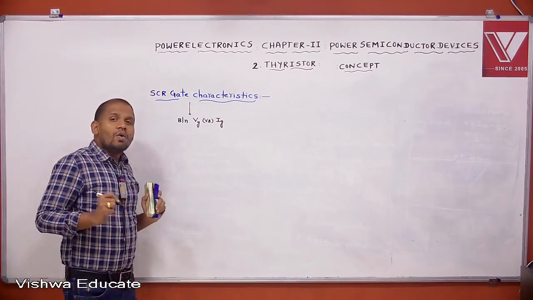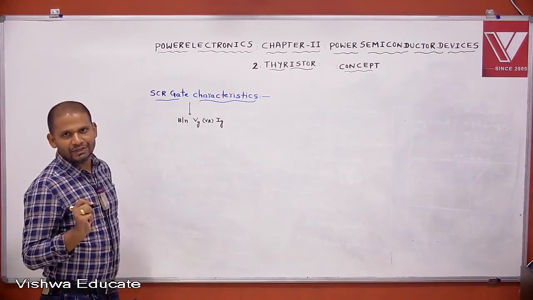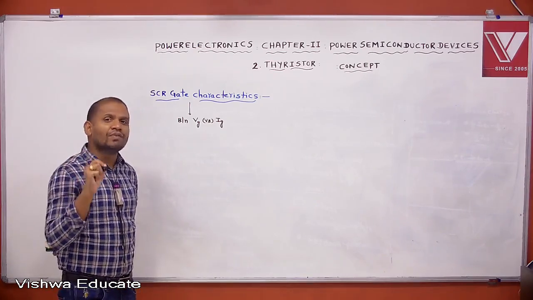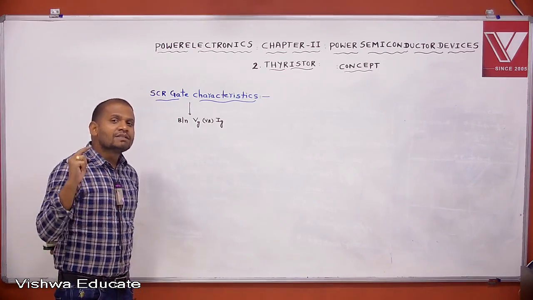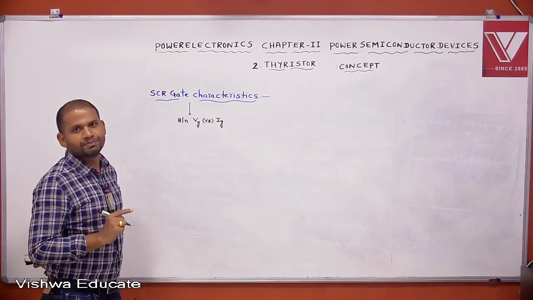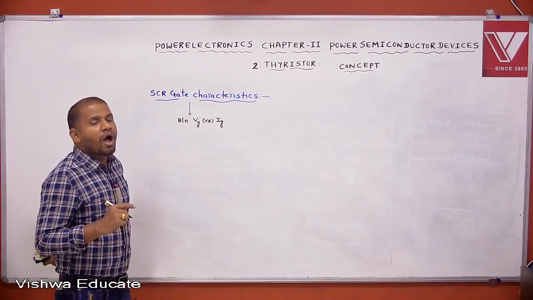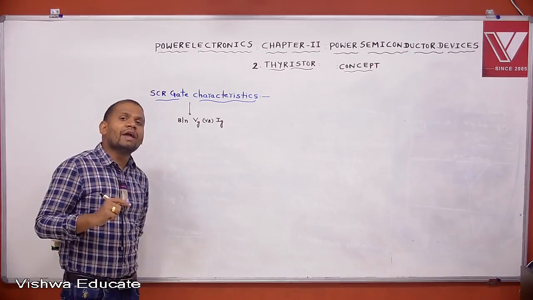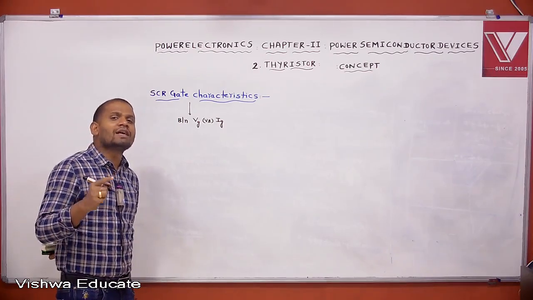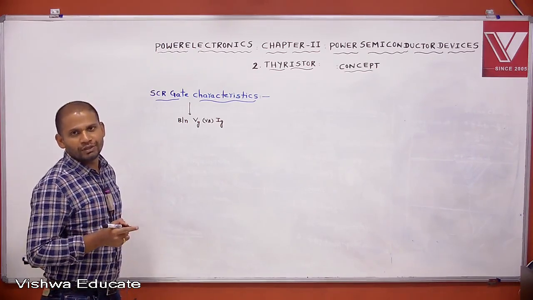What is the significance of drawing the gate characteristics of a thyristor? You know the significance of static VI characteristics now: static VI characteristics explain the modes of operation. Turn on characteristics explain how the current through the SCR is changing from 0 to rated, and how the voltage across the SCR is falling from rated to on-state voltage.